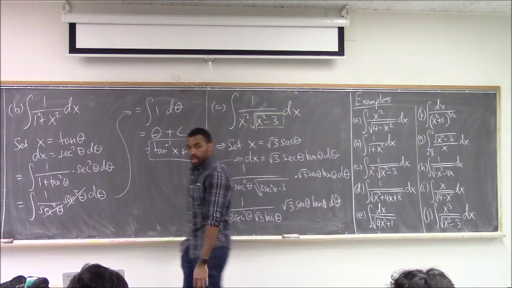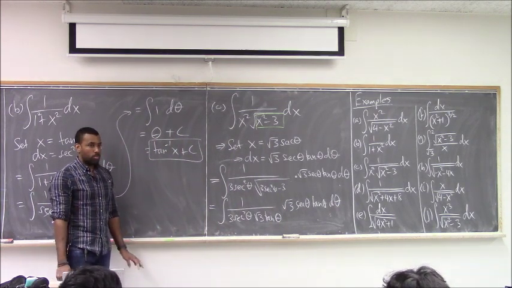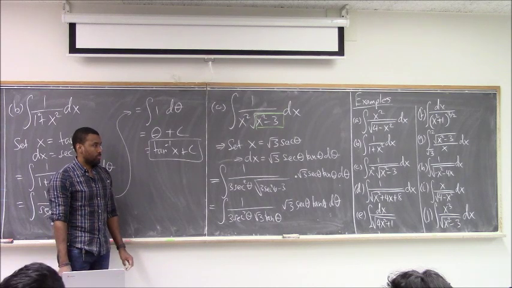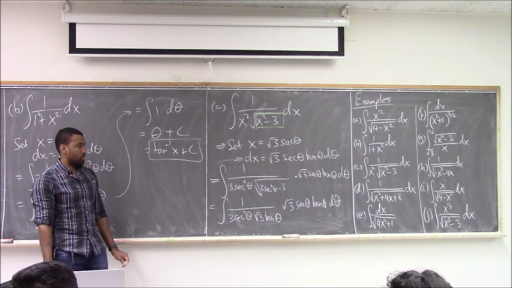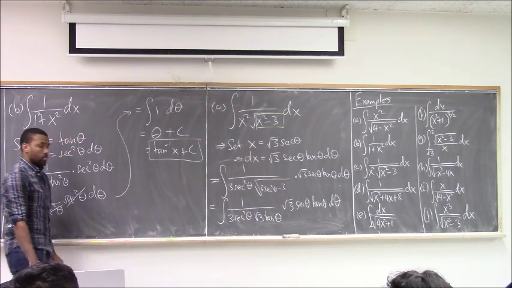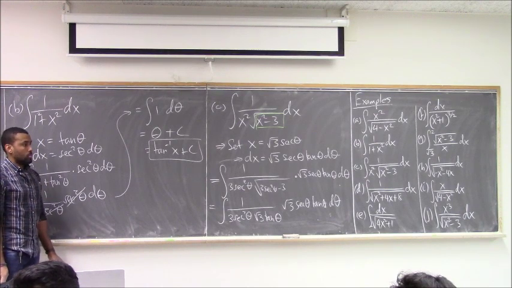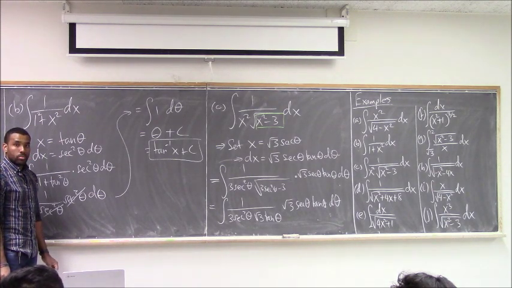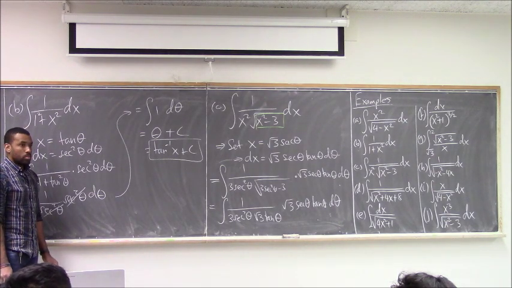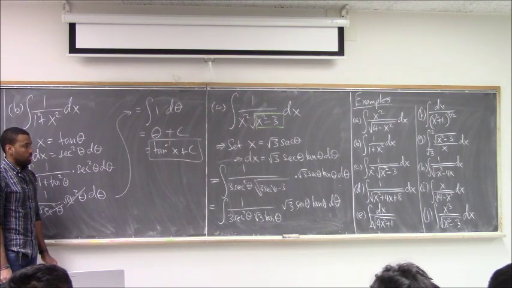How do you deal with that guy? Can we pull out a secant tan on the bottom?